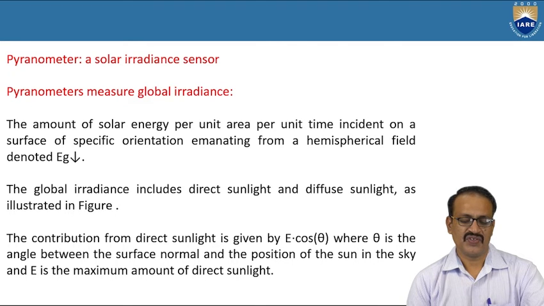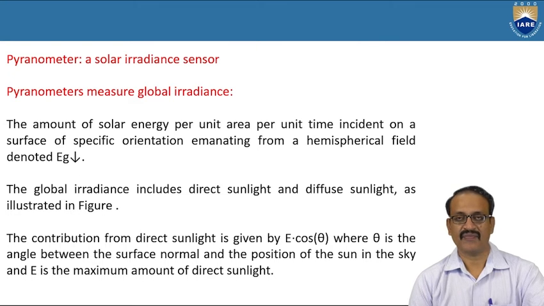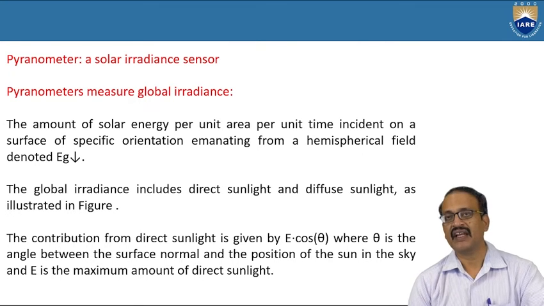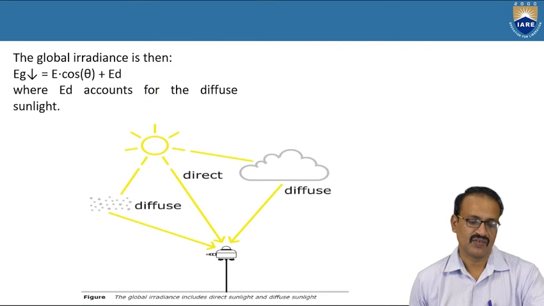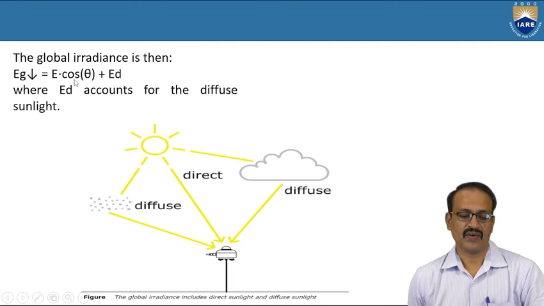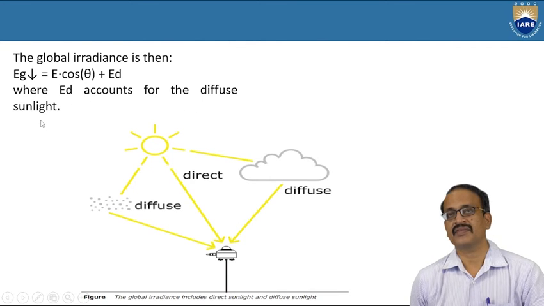So the contribution from direct sunlight is given by E cos theta, where theta is the angle between the surface normal and the position of the sun in the sky, and E is the maximum amount of direct sunlight. I will show it here. So if you want the total, that is E cos theta plus E_D, where E_D accounts for the diffused sunlight.